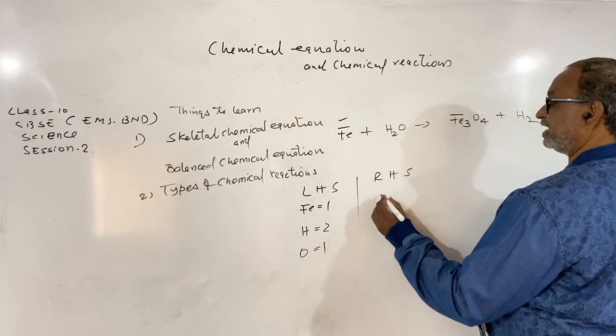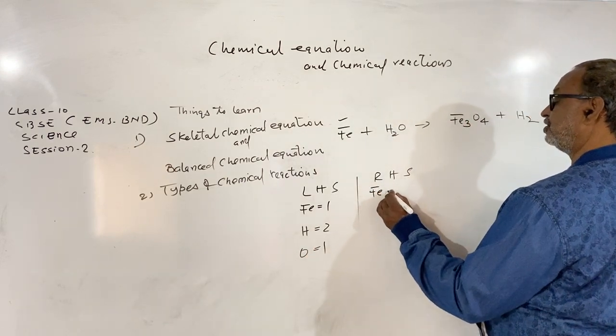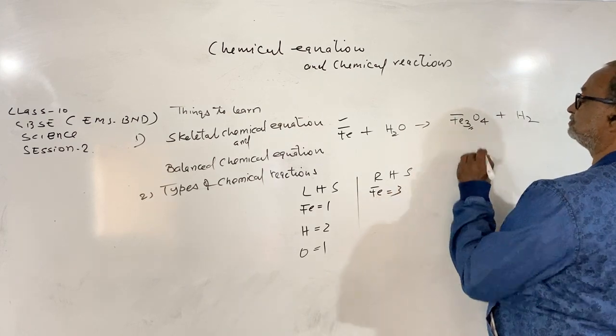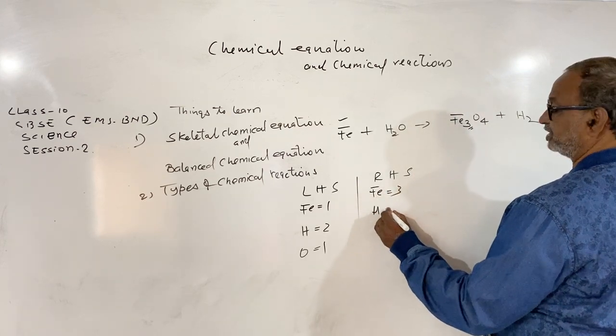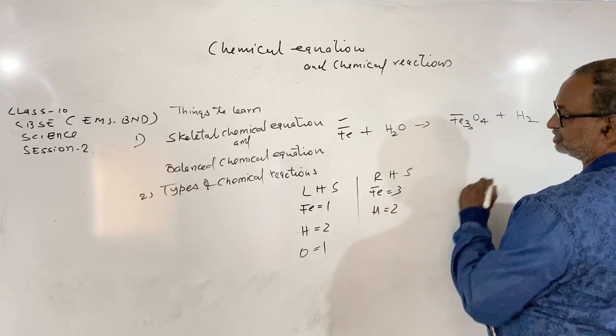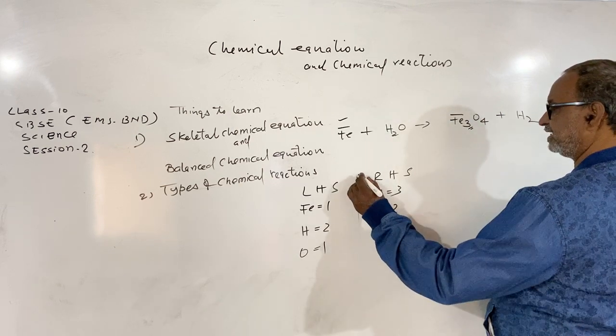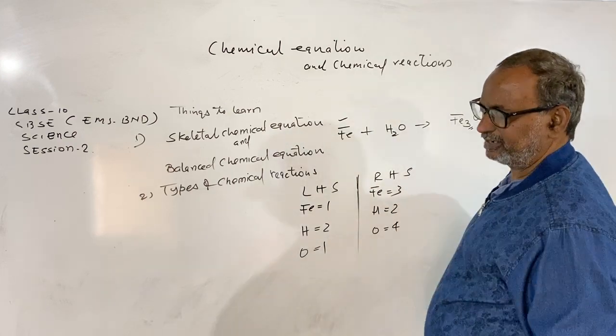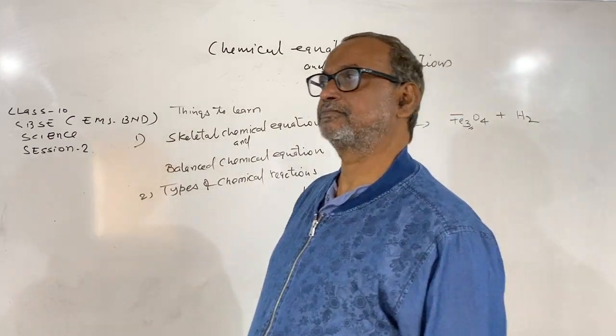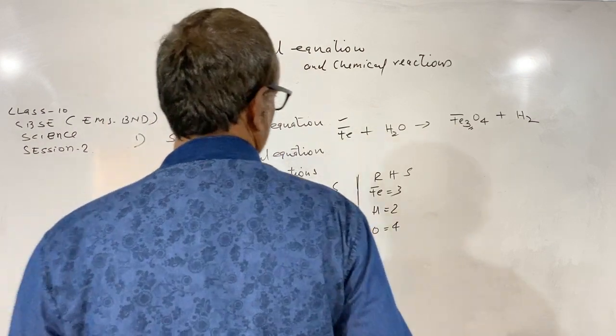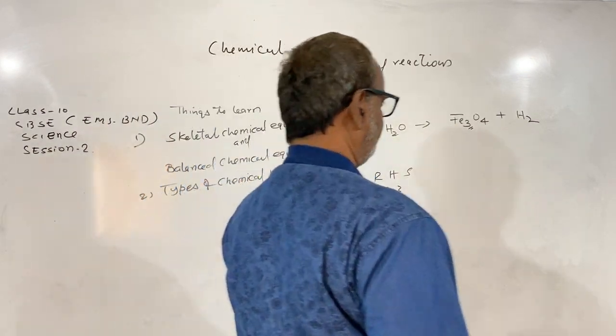And on the right hand side, we have 3 atoms of iron, 2 atoms of hydrogen, 4 atoms of oxygen. Obviously, it is not a balanced chemical equation. So, this is the first step.